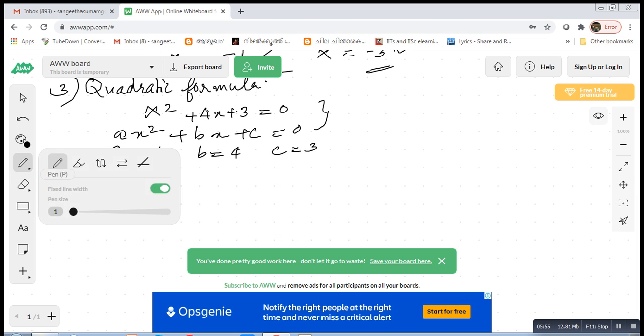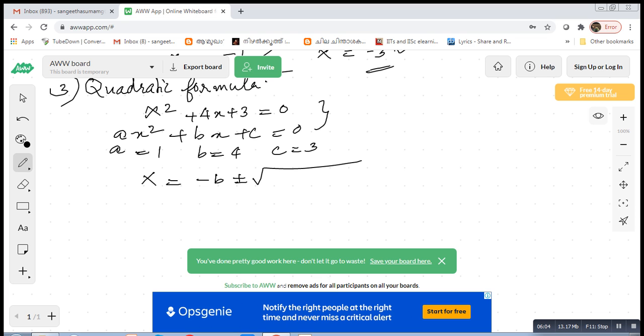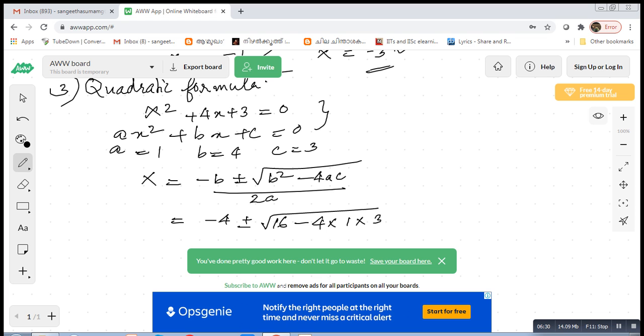Now the formula for finding out x is negative b plus or minus the square root of b square minus 4ac, divided by 2a. So if you are now just plugging all the a, b, c values into this equation, you'll get the result. b is 4, so minus 4 plus or minus the square root of b square, which is 16, minus 4 times a is 1 and c is 3, divided by 2 times 1.